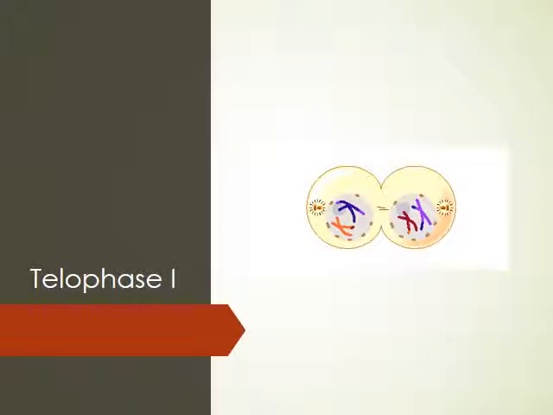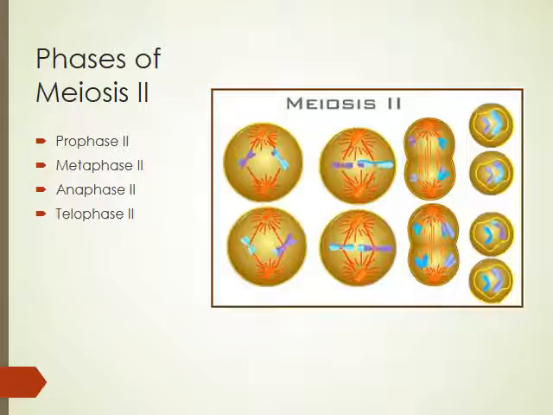And then telophase, the nuclear envelope reforms to give you two distinct daughter nuclei. Question? That's the end of meiosis 1. Meiosis 2 will occur next.